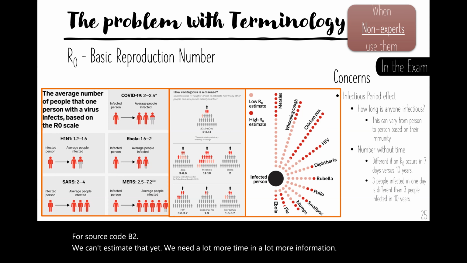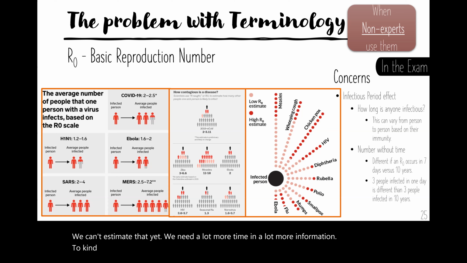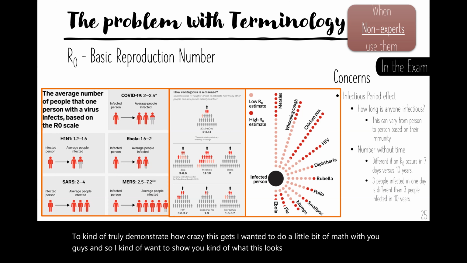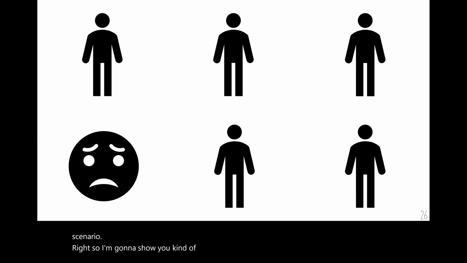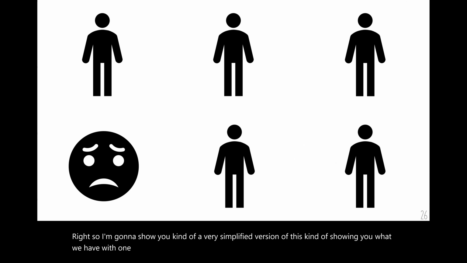However, to truly demonstrate how crazy this gets, I wanted to do a little bit of math with you guys. And so I wanted to show you what this looks like in an actual case-to-case scenario, right? So I'm going to show you a very simplified version of this, showing you what we have with one sick person, which I'm sure you can tell which one it is, right?